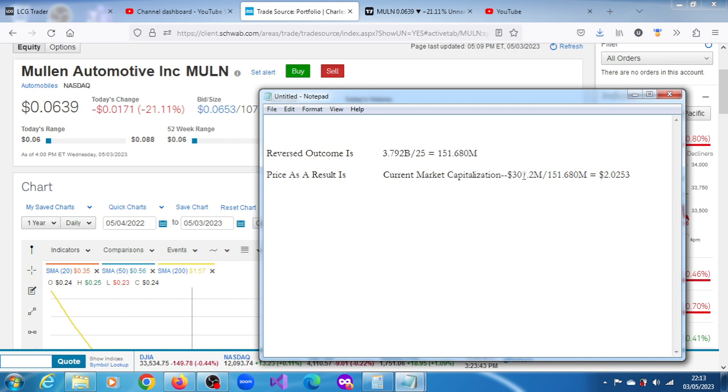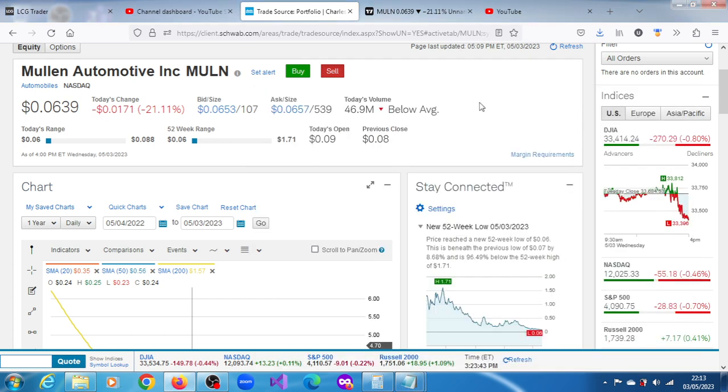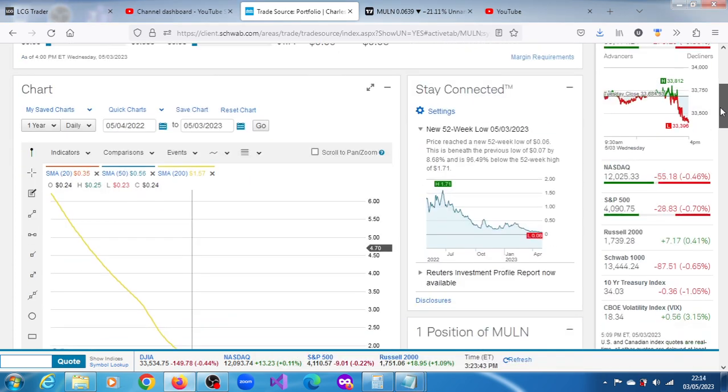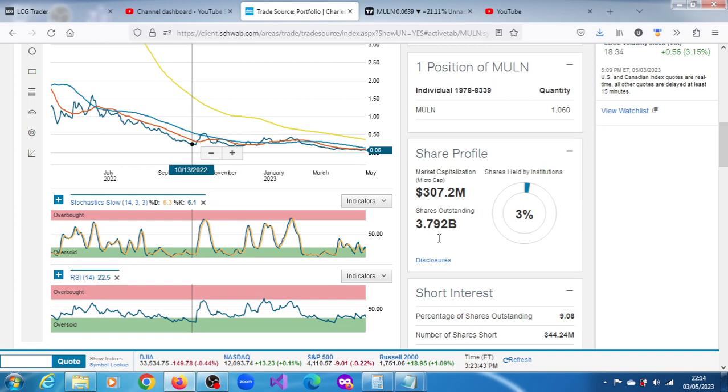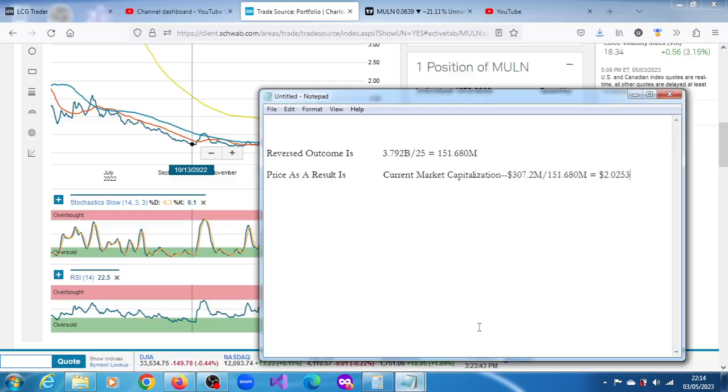We will divide the market capitalization, which is currently standing at 307.2 million, by the same resulting shares outstanding. When we do that, we get a price of $2.0253.